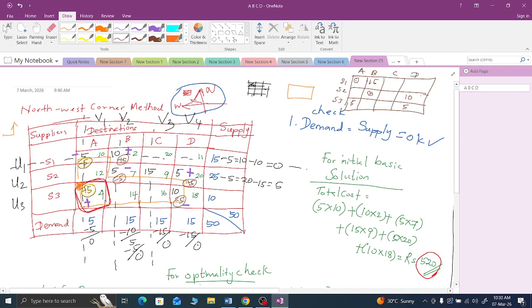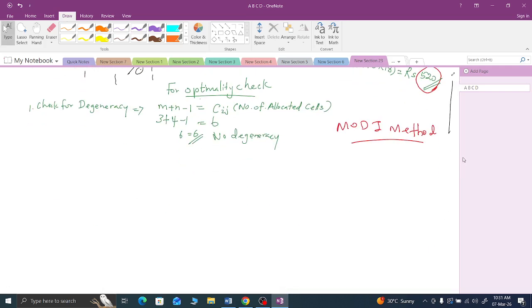So let's see again with these values. Let's do our optimality check again for this same problem with this change. With this change, we are going to check the optimality, and we are checking whether all the values become 0, less than or equal to 0 or not.